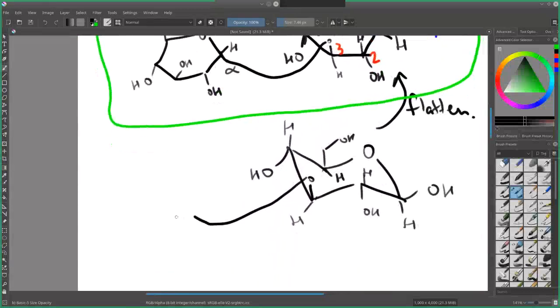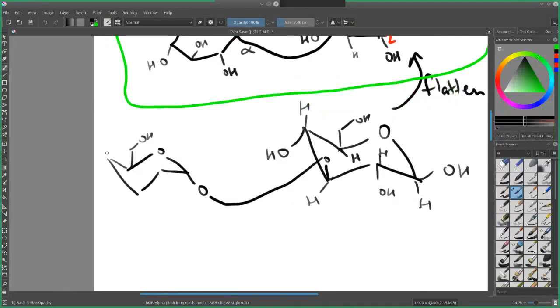And then from there, it'll be an alpha substituent. So if we draw the ring looking the same way as we did the other one, then it'll look like that.